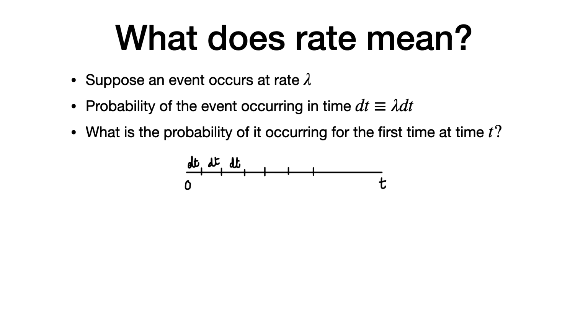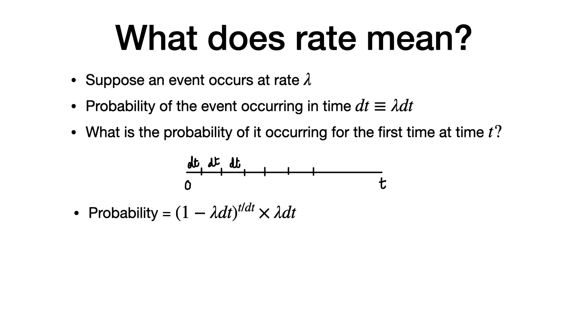So I take the interval from 0 to t and break it up into a lot of small intervals dt. Then our condition is that in no interval should the event occur, and in the final interval the event should occur.